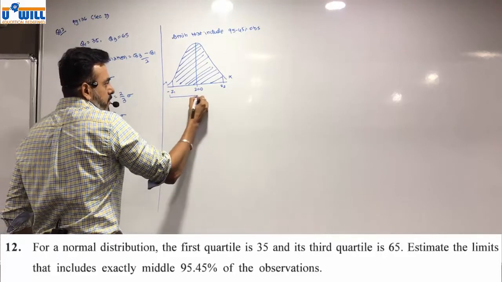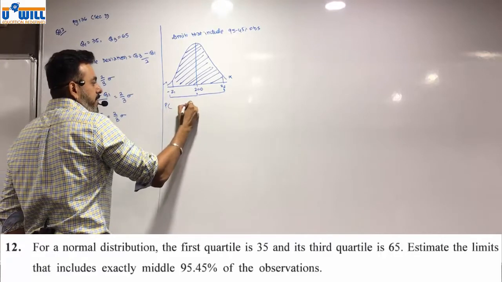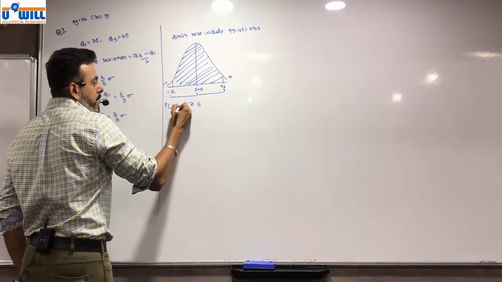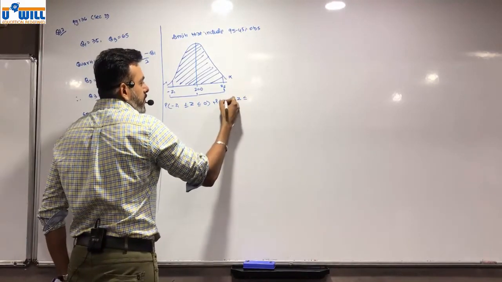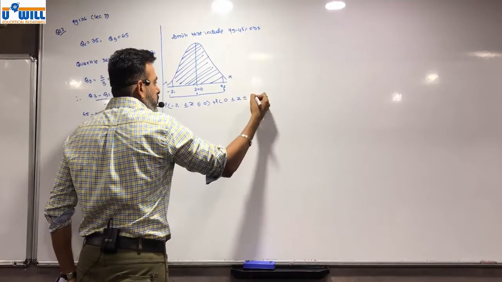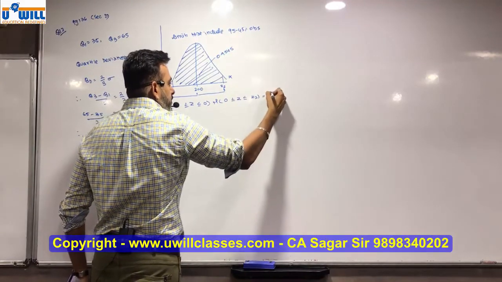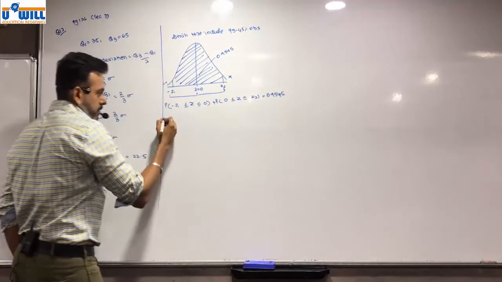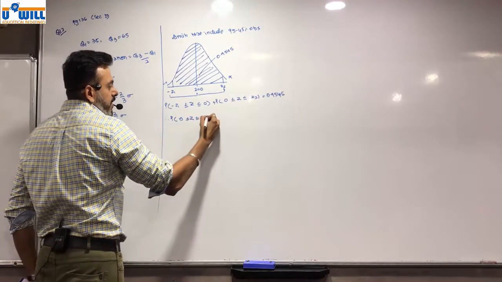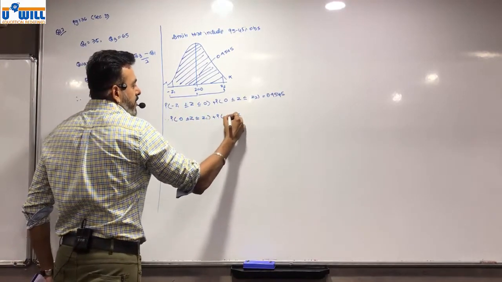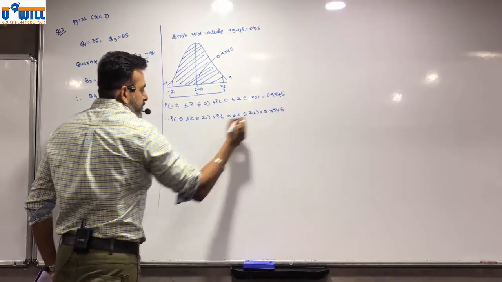Minus Z1 to 0 plus 0 to Z2. So probability of Z less than or equal to minus Z1 to 0 plus probability of 0 to Z2 is equal to how much area is this? 0.9545. Therefore, probability of 0 to Z1 plus probability of 0 to Z2 is equal to 0.9545.